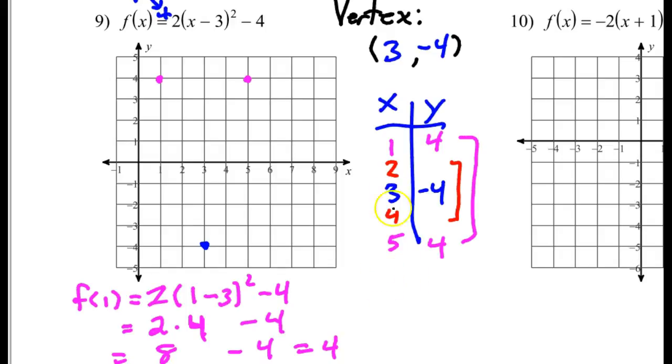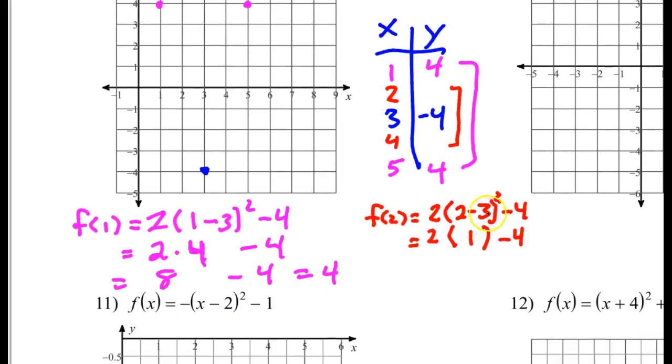And let's do the 2 as well. 2 times 2 minus 3, second power, minus 4. I'll plug in 2 for x. 2 minus 3 is -1, but -1 times -1 is positive 1.